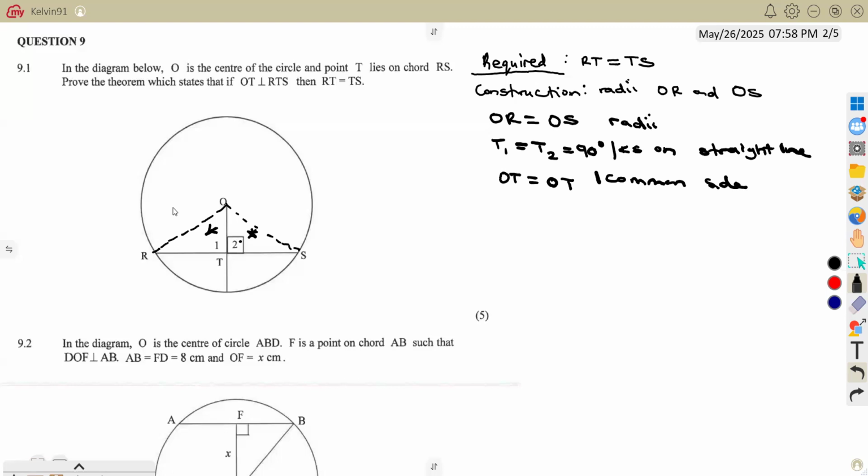So we have proven that this side and this angle are equal.